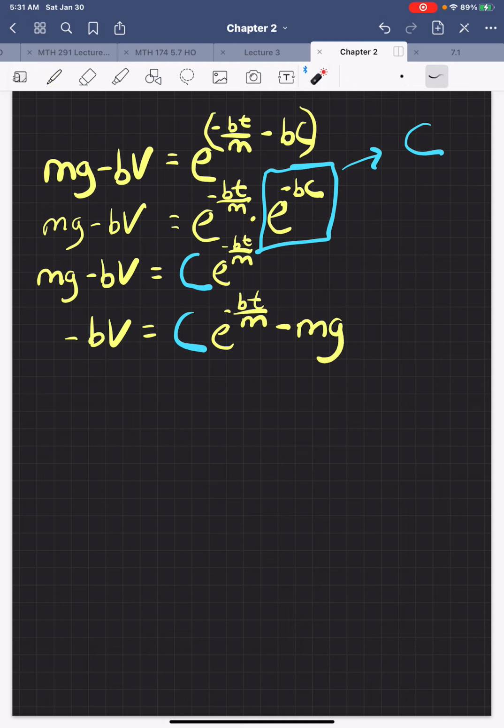And now I'm, in essence, just going to divide by negative b. So what do we get? We get v is equal to, and I'll just go ahead and write this as mg over b, double negative there, and then minus c.